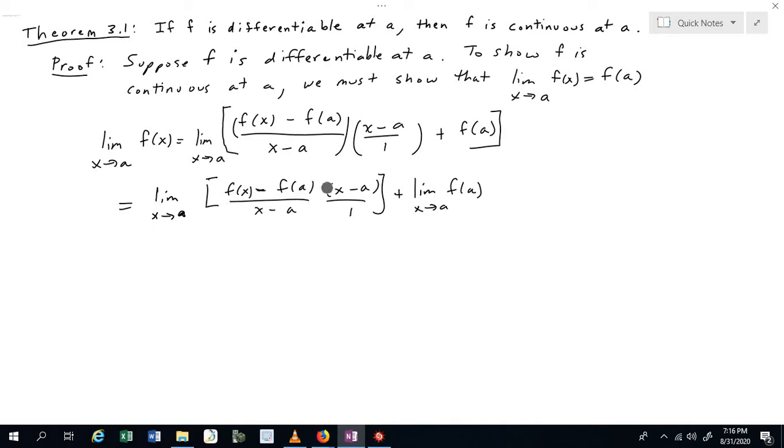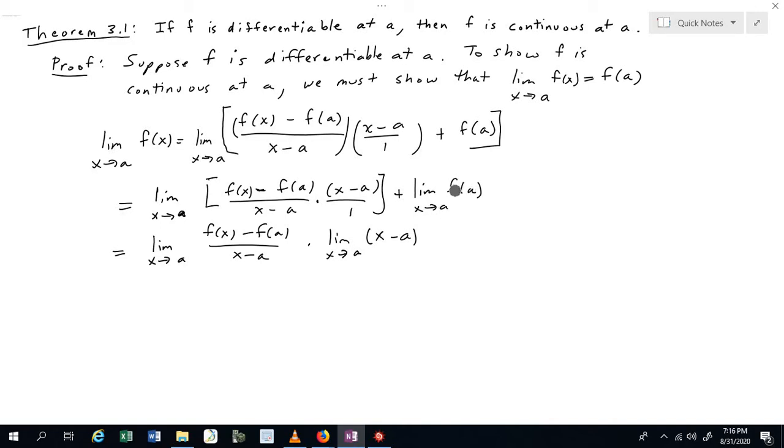Now the limit of this piece can be broken up across multiplication. That's another property of limits. So we can write this as the limit of the first piece times the limit of the second piece. And then the limit of f of a as x approaches a is simply f evaluated at a. The reason that's true is because f of a is a constant.